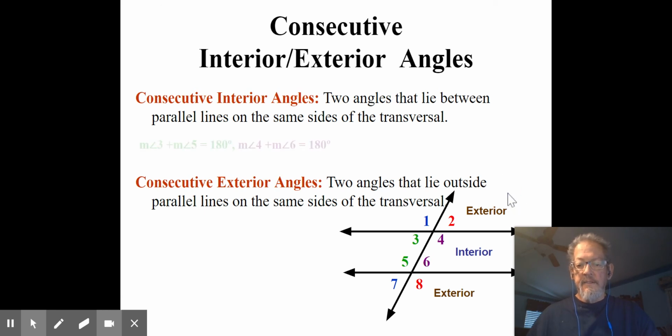Four and 6, and 3 and 5 add up to 180. 1 and 7, and 2 and 8 add up to 180.